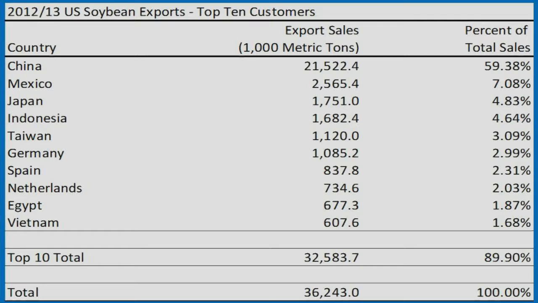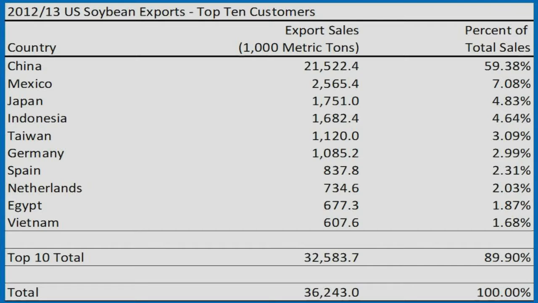And really, if you go back over the last 5 to 10 years, these 10 countries would be somewhere in that 1 to 15 ranking level in terms of our top 10 to 15 customers. So even though we're looking at a snapshot of 1 year, these countries would certainly hold true if we looked at a more historical look of our export customers.